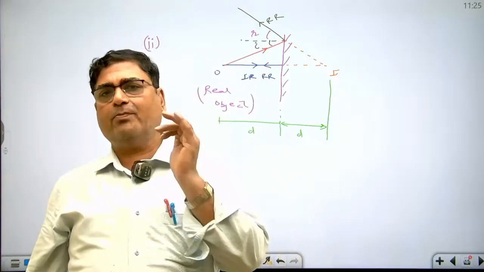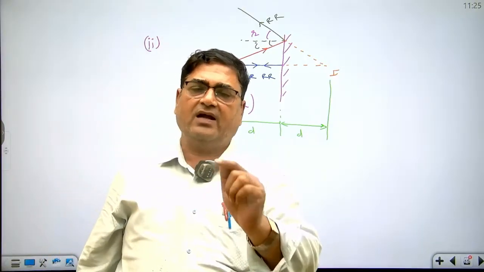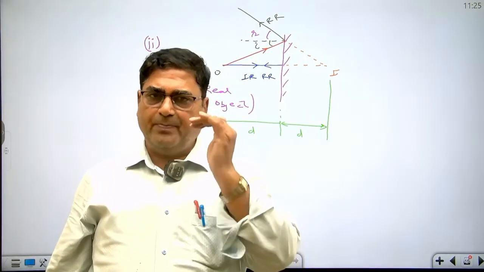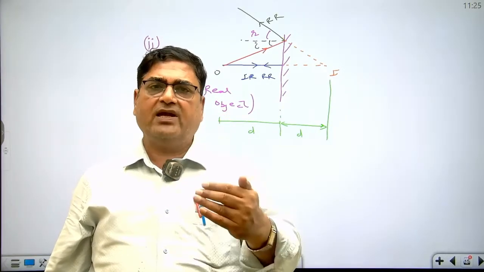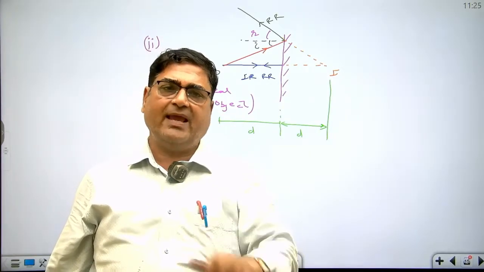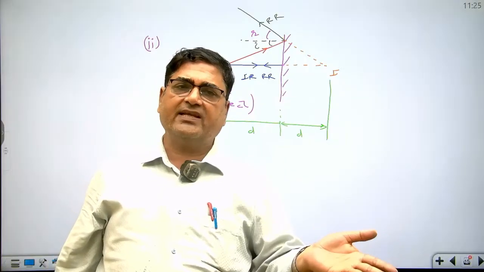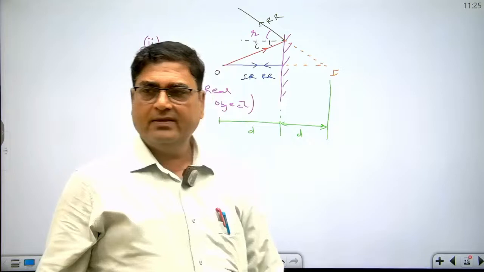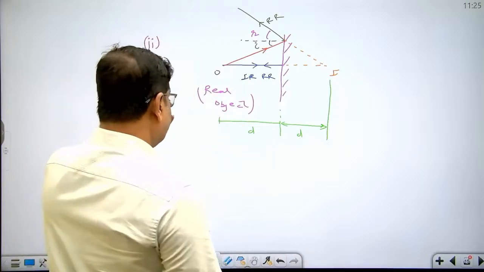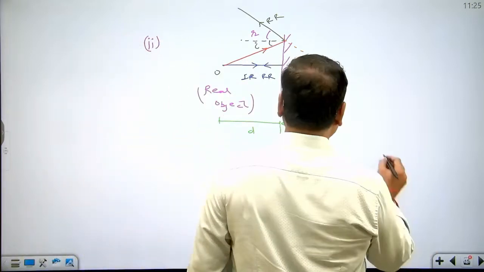In case of plane mirror, object and image are always located at the perpendicular bisector to the mirror, and the perpendicular distance of image from the mirror remains the same as that of the perpendicular distance of object from the mirror. This is a very important point, that perpendicular word. And see, look at the case of this virtual image.